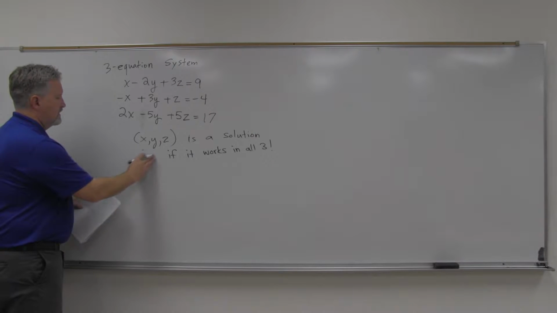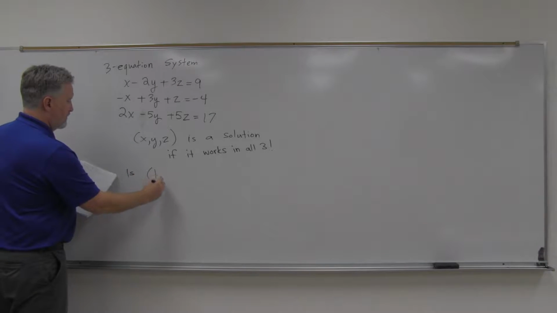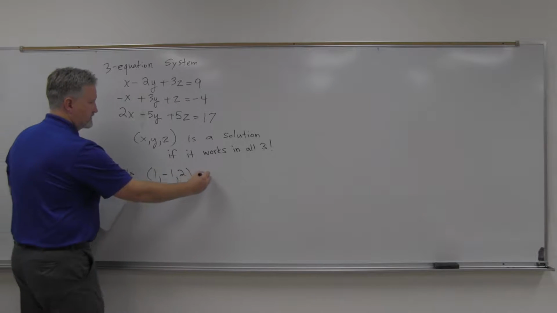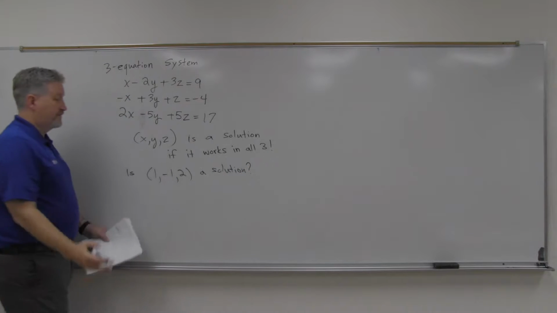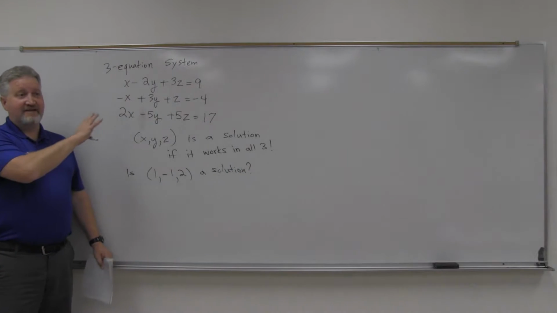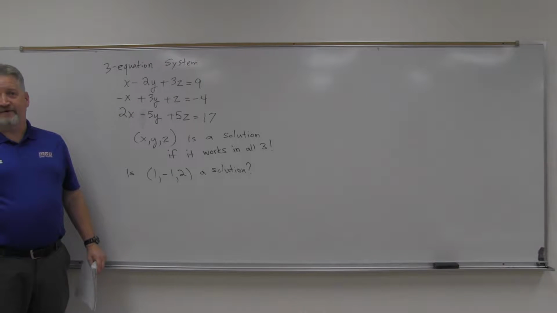Okay, and so is 1, -1, 2 a solution to this system? Well, it takes a little bit of work to get these solved, and that's what we'll talk about later on.